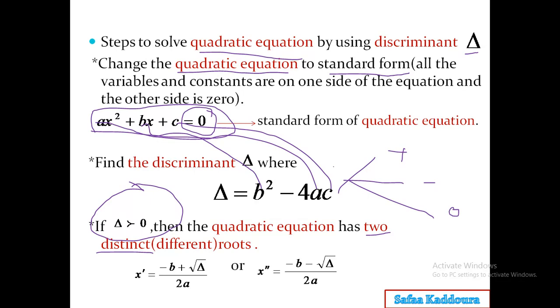The first root, I call it x prime, and its rule is minus b plus radical delta over 2a. b is taken from the equation, delta you calculated, and a from the equation. And x double prime, which is the other root, is minus b minus radical delta over 2a. Just substitute the values of b, delta, and a, and you will get the values of the roots.